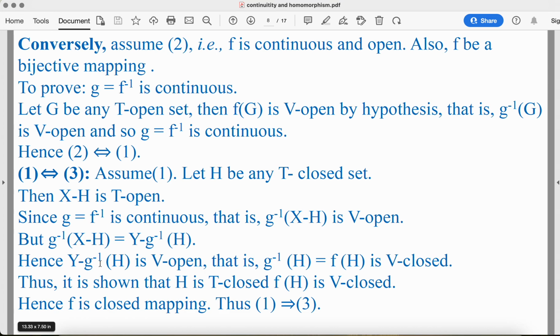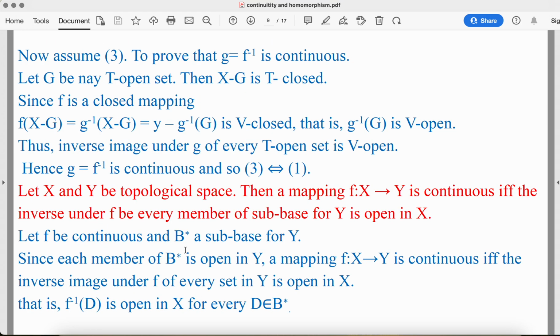Hence the complement of g inverse H is V open, that is g inverse H equal to fH is V closed. Thus it is shown that H is T closed, fH is V closed. Hence f is a closed mapping. It means 1 implies 3. It means if f is a homeomorphism, then f is continuous and closed.